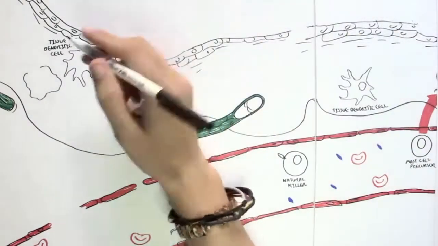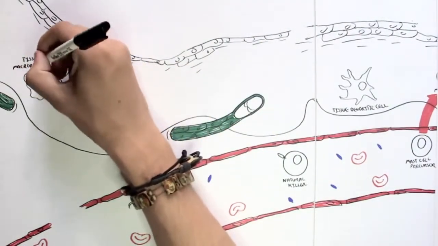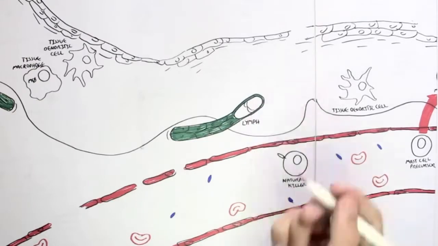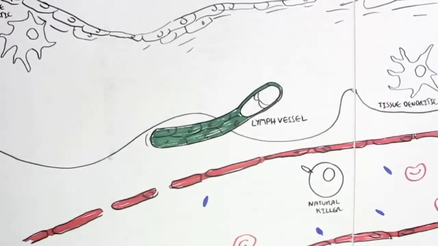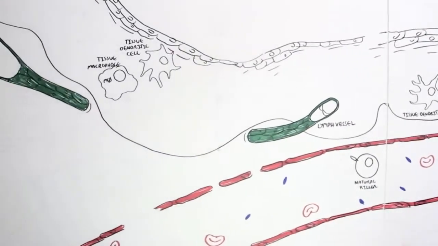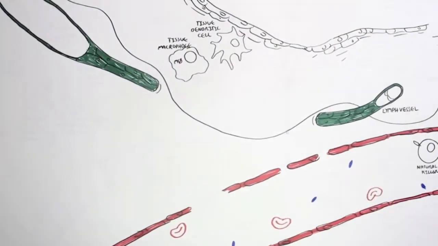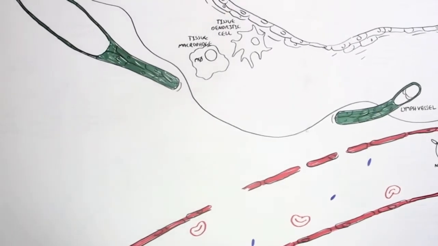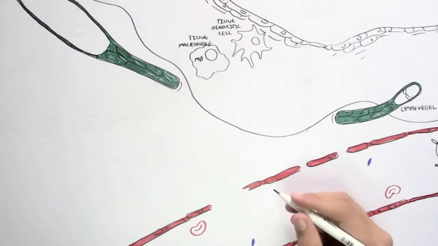And we also have this green looking thing. This is the lymphatic vessel, or lymph vessel, which is part of the lymphatic system. The lymph vessel has a critical role in the immune system in that it transports activated T cells and B cells around the body.